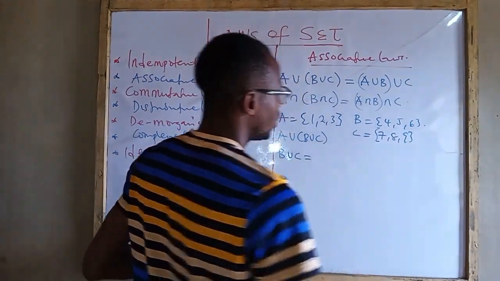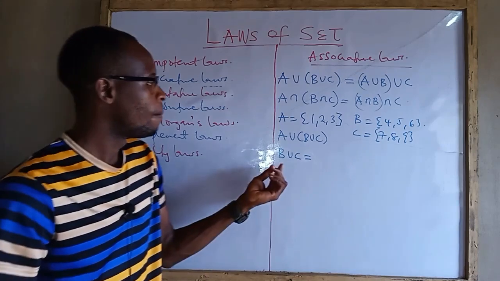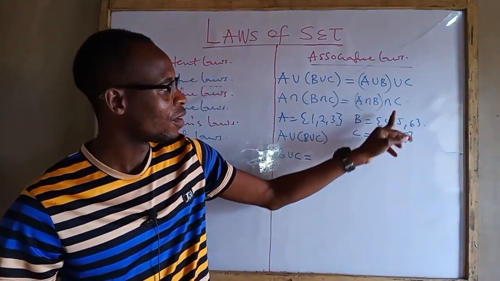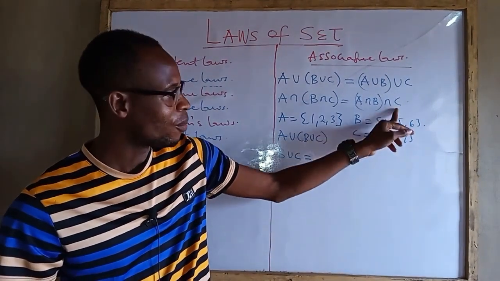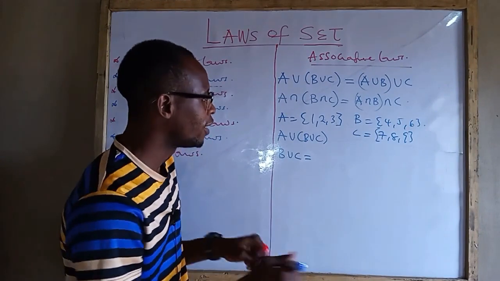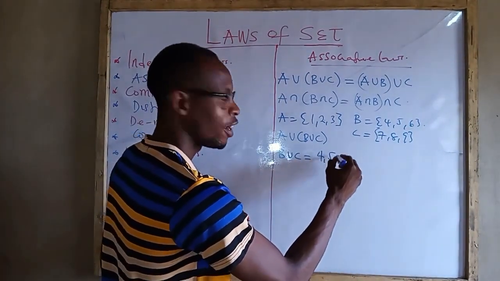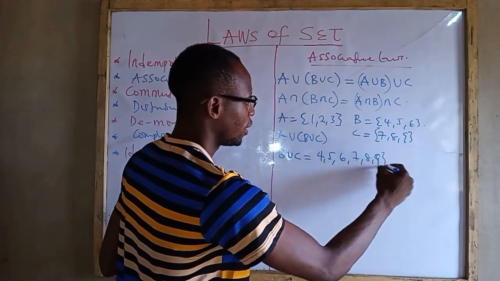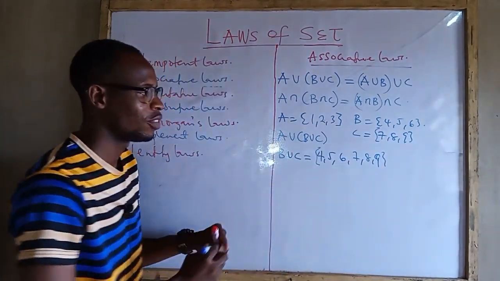Sorry for that. Now, B union C means we combine this and this together without repetition. So if I combine them, I'll have 4, 5, 6, 7, 8, and 9. This is what I have for that one.